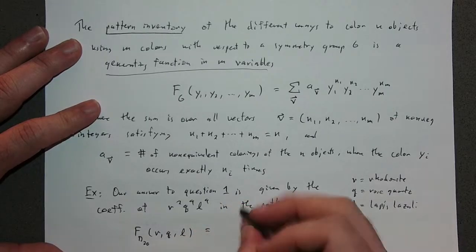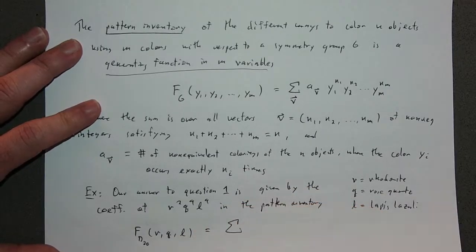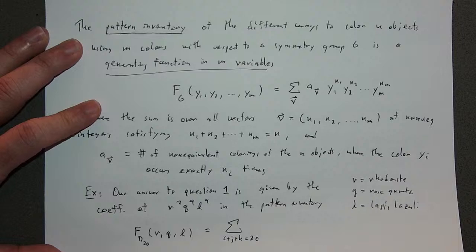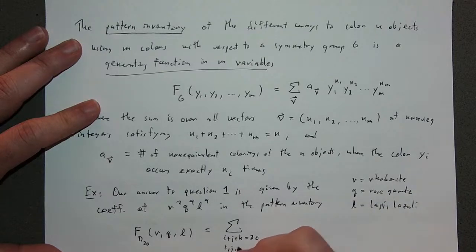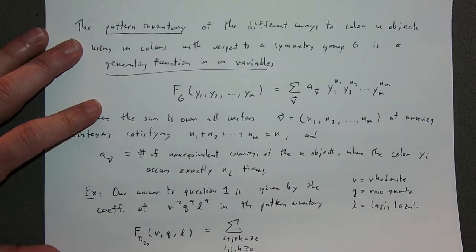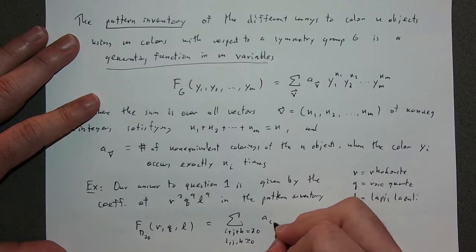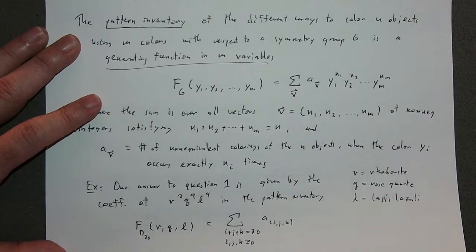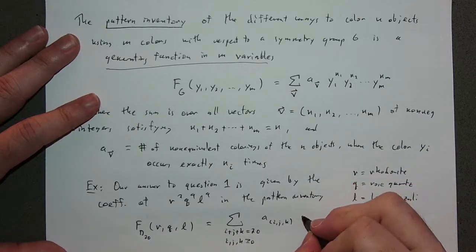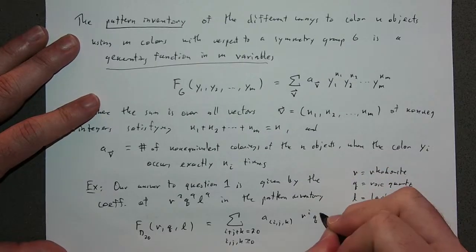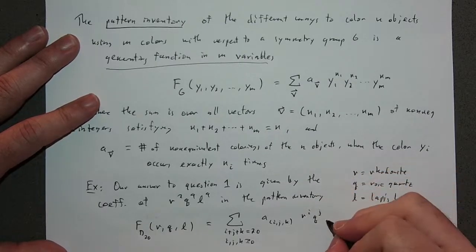This is the sum over indices i, j, k, summing to 20. These are non-negative numbers satisfying this. I have a coefficient A sub i, j, k in this way, times powers of R, Q, and L. So R to the i, Q to the j, and L to the k.